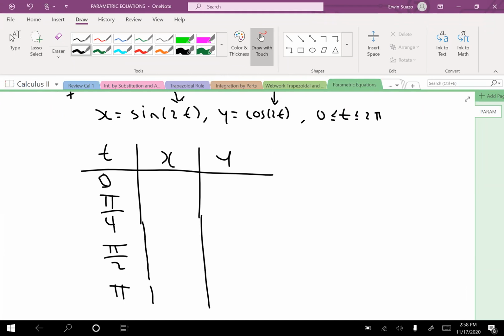Okay, to start. When t is 0, what is sine of 2t?